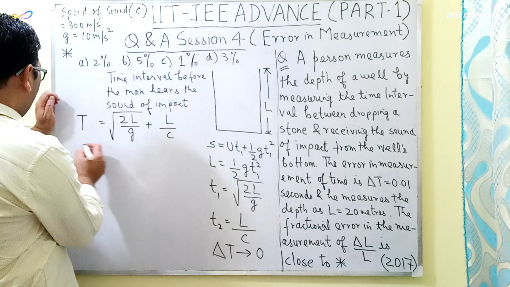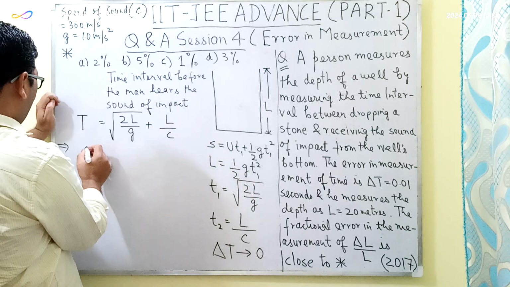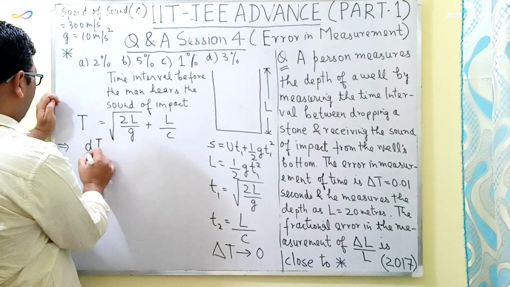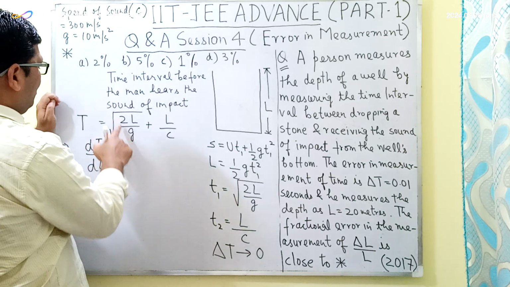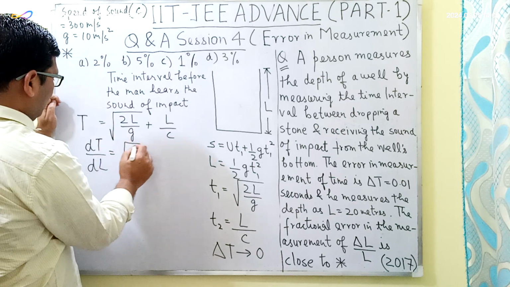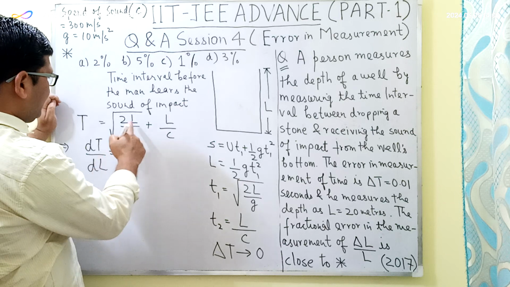So therefore what I will be doing is, now I will be differentiating this equation with respect to L. So dt upon dL will be equal to, this 2 and g are constant, so root 2 upon g is constant.